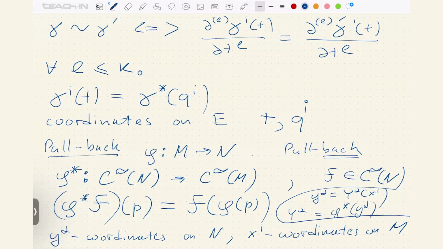So we can easily apply the pullback map to them, and we obtain certain functions on M with the same index alpha, and these are precisely the functions which define our map in coordinates. That's why I wrote it here. It's exactly the same.